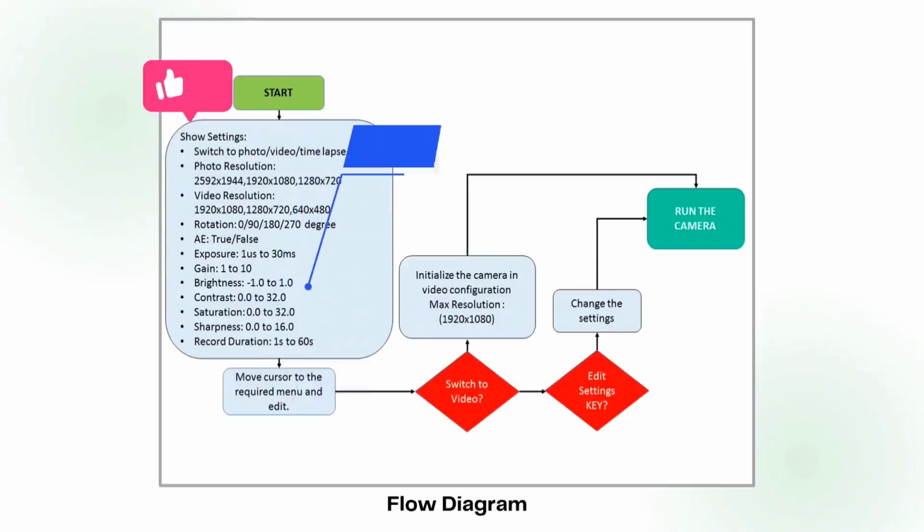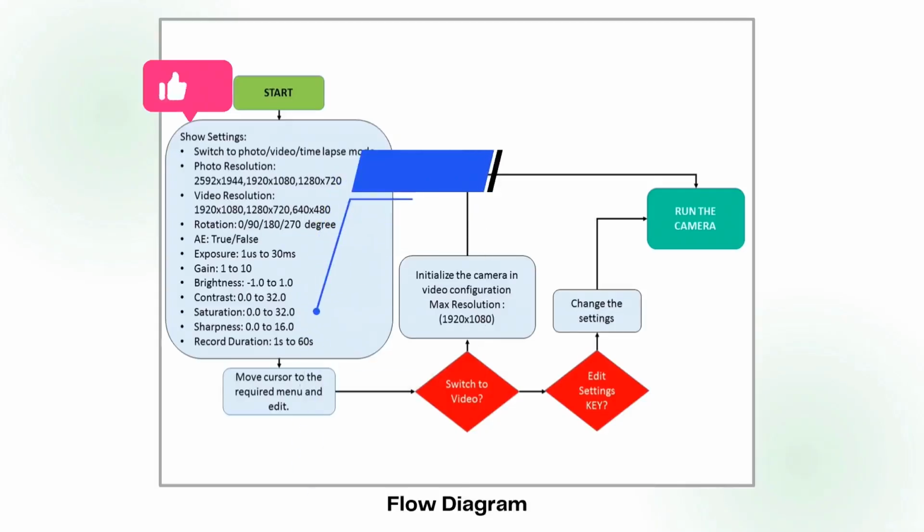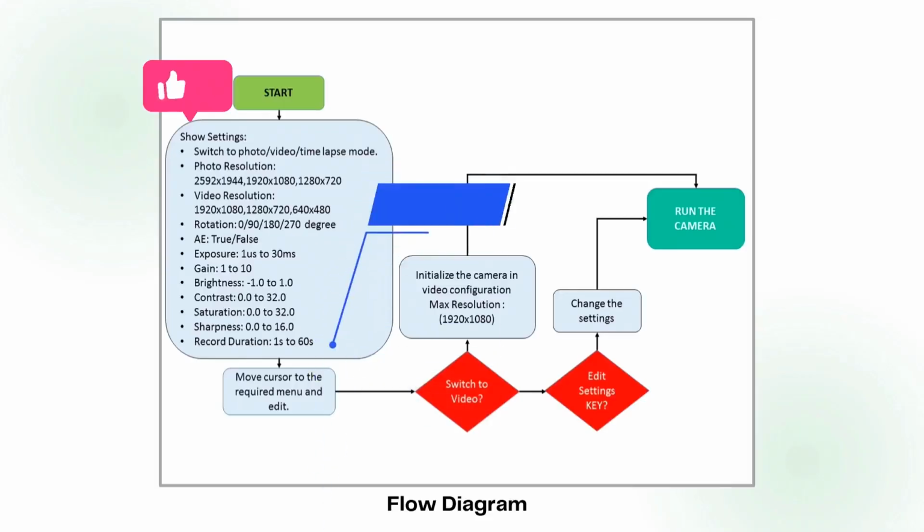The brightness values range from -1.0 to 1.0. Likewise, the contrast values range from 0.0 to 32.0. Saturation can also be set from 0.0 to 32.0. Whereas sharpness ranges from 0.0 to 16.0. And finally, the record duration can be set from 1 second to 60 seconds.